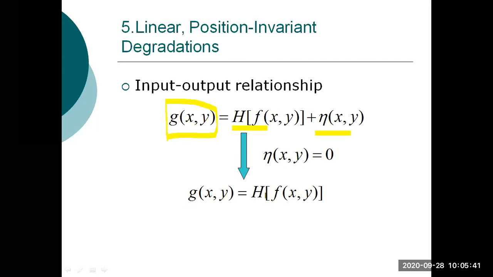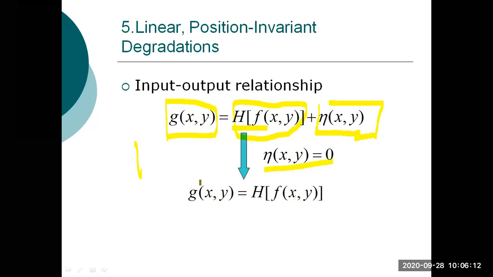In the previous case of noise analysis, we are not considering h of f of x comma y. But in this case, we are neglecting this eta of x comma y, so we are considering only h of f of x comma y. Due to this, this term will be 0. For simplification, for ease of understanding, we are considering only h of f of x comma y.